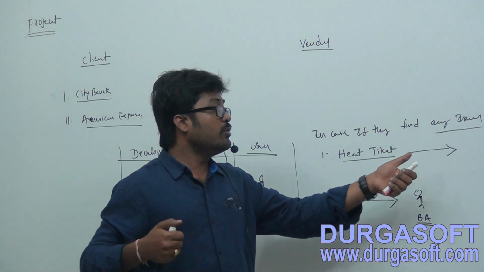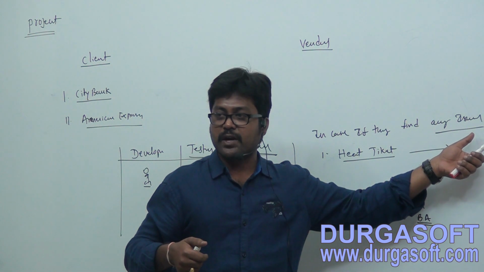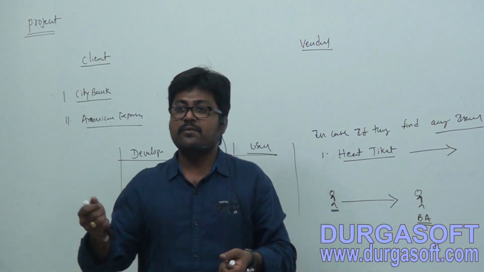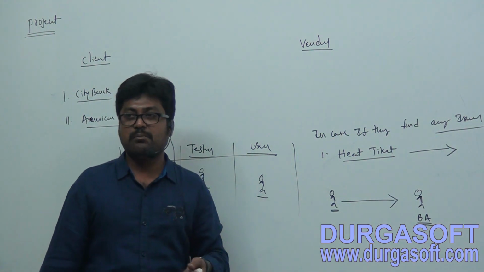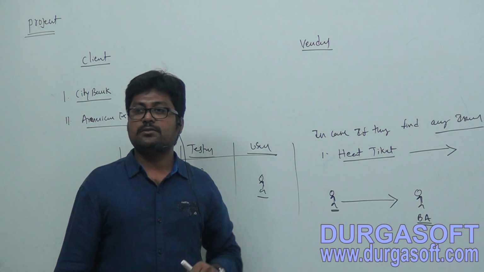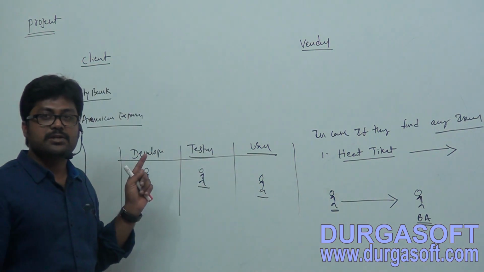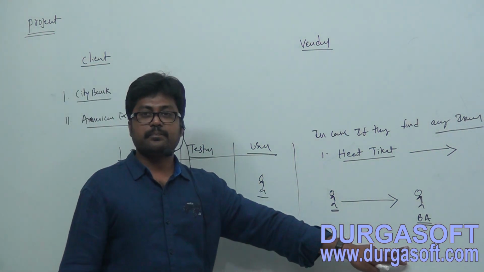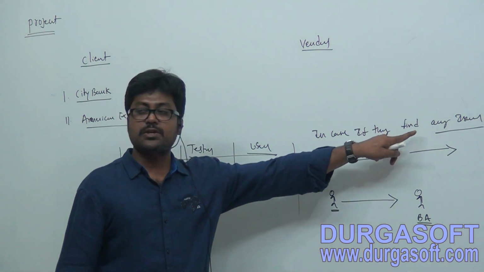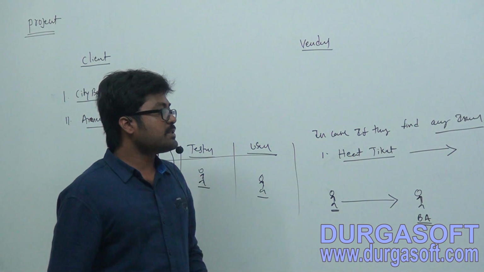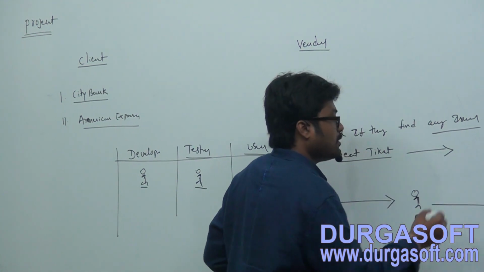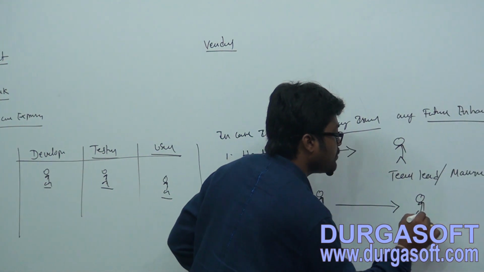If I do any modifications, will they give any benefits to our application? Will they increase any business for my existing application? He needs to analyze everything. If there are any benefits, then this business analyst needs to send it to the next level, to the system architect.